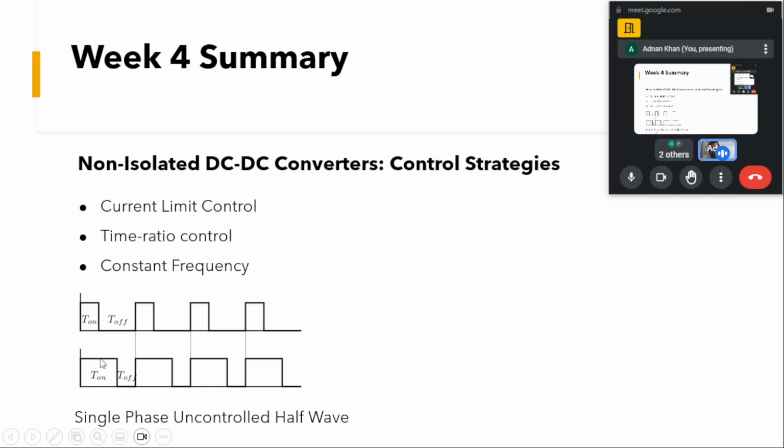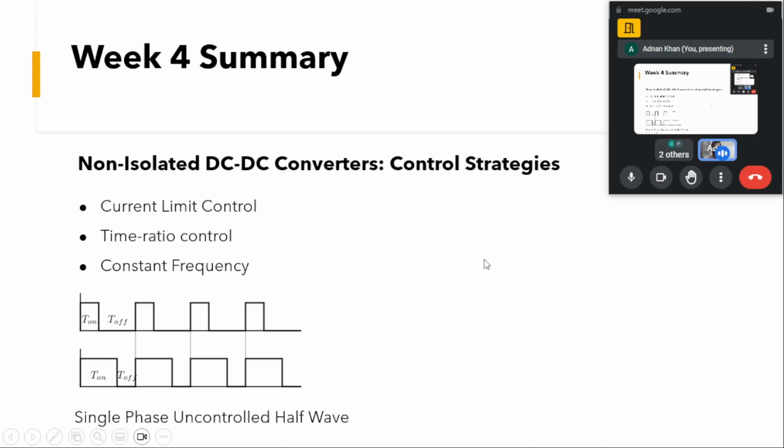And if we want a lower voltage at the output, in the case of a buck converter, we will switch the device for a lower amount of time. That is, we keep the frequency constant and only achieve our goal by changing the duty of the switches. Duty is the time for which the device conducts.